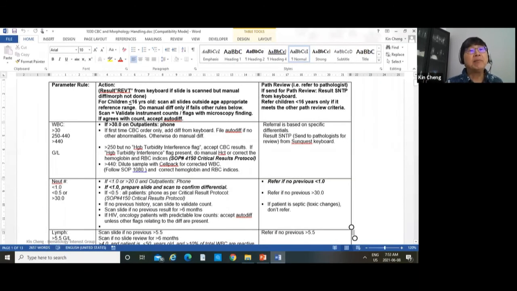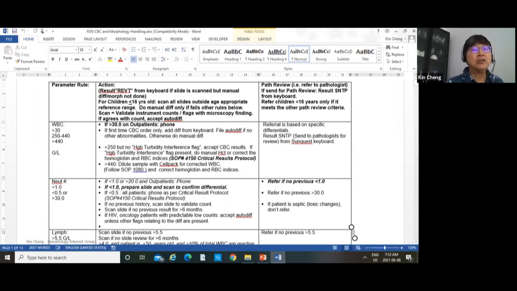And this is just an example of the SOP that we use so that people can follow. When the white cell count is above 250, what do they do? When it's above 30 in an outpatient, what do they need to do? When you come across a neutrophil count less than 1, what do they need to do? Remember at the last webinar, when Trevor talked about the QC rules, one of you asked how you know when to make a slide.